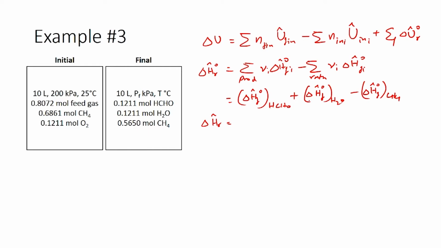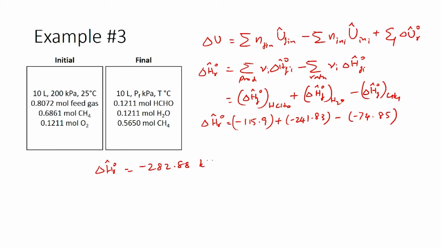So, getting the values for these from the table, it would be minus 115.9 plus minus 241.83 minus minus 74.85, and you would get a value for the standard heat of reaction, delta HR, as minus 282.88 kilojoules per mole.